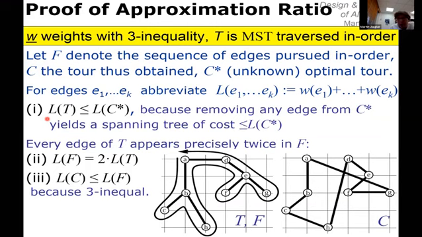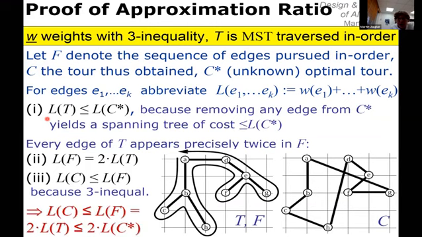And if we now plug all the inequalities together by transitivity, that means the cost of the cycle output by Christofides is less or equal to the total weight of the edges as they are pursued by the graph traversal, that's capital F, right? That's inequality number 3.